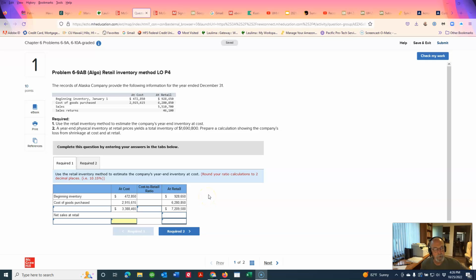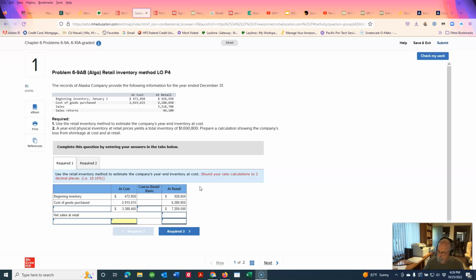First of all, both of these problems, 6-9 as well as 6-10, right now we're on 6-9, are inventory estimation methods. Okay, these are estimation methods.